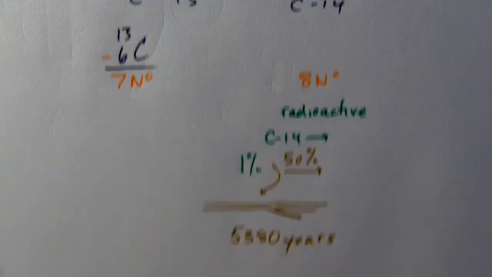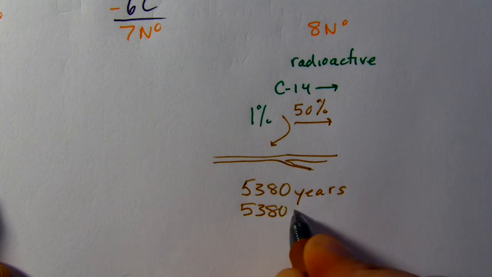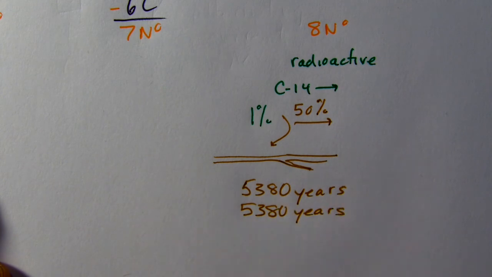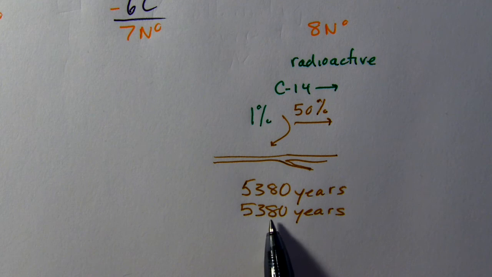It's pretty close. And then if another half-life passes, in other words, half of the remaining carbon-14 disappears, then we know that another 5,380 years have passed.